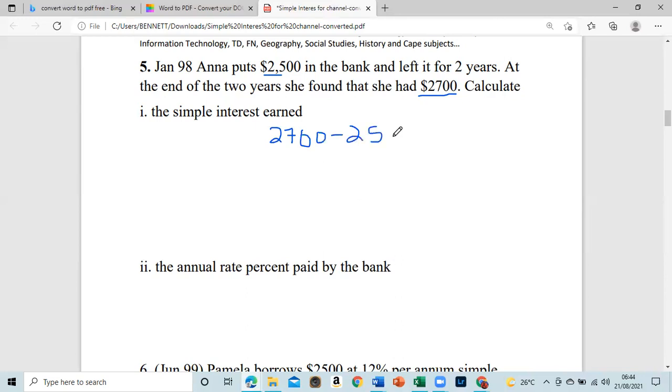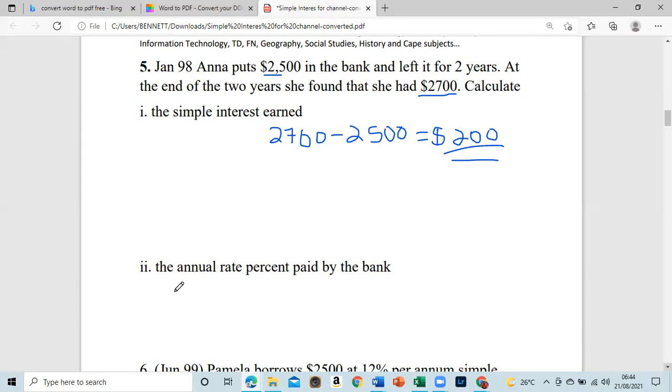So she gained $200 on her money. So that is $200. And then they ask us now to calculate the annual rate percent paid by the bank.